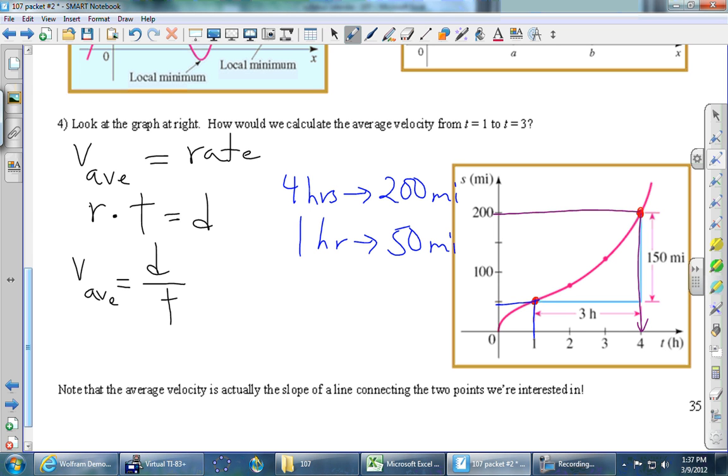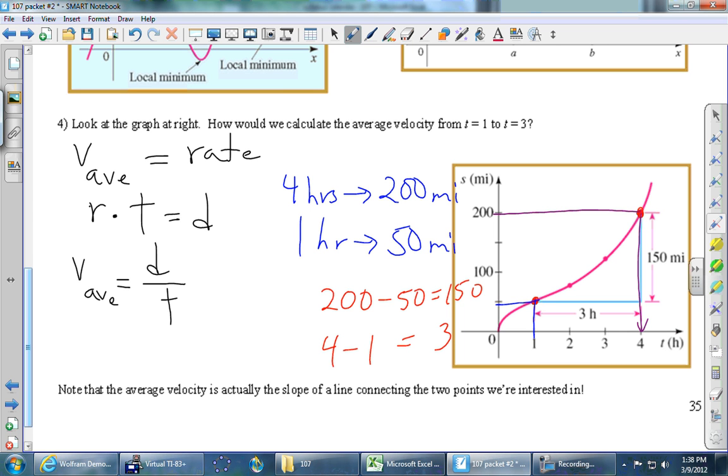And if I asked you guys to find the average velocity over that period of time, well, let's see, it looks like we've got a distance and we've got a time. In this interval, how much distance did we cover? We covered 150. 200 minus the 50 is 150. How much time elapsed? It was 3 hours. 4 minus 1 is 3 hours.